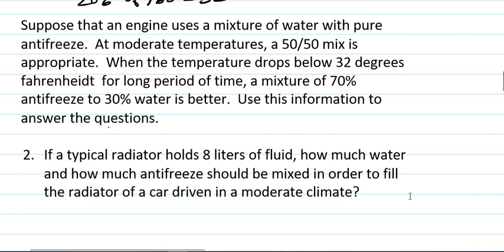At moderate temperatures, a 50-50 mix is appropriate, 50% water, 50% pure antifreeze. When the temperature drops below 32 degrees Fahrenheit for a long period of time, though, a mixture of 70% antifreeze to 30% water is better. We're going to use this information to answer some questions.